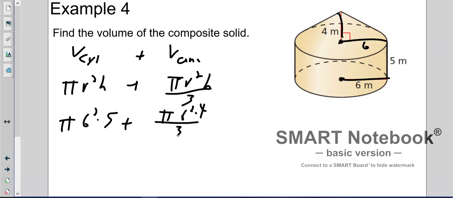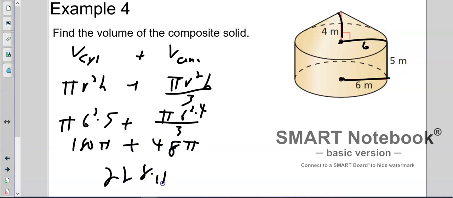Okay, so we have 6 times 6, 36 times 5 is 180 pi. 6 squared is 36. Divided by 3 is 12 times 4 is 48. So 48 pi, which gives us a grand total of 228 pi meters cubed, or 716.28 or 716.3, doesn't matter, meters cubed.